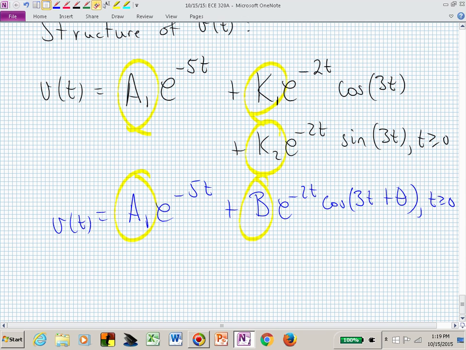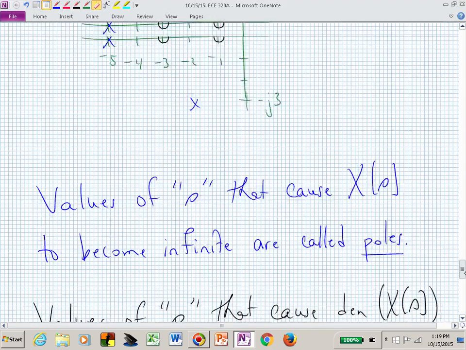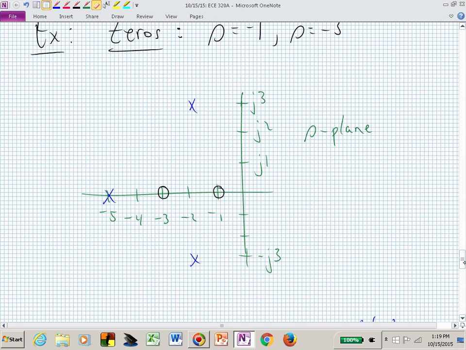The structure of the response, though, is influenced by the poles. So if somebody gives you this pole zero diagram and they say, what's the structure of my response, you don't really have to worry so much about the zeros. You just take the poles and go into the time domain, with these yet to be determined coefficients.